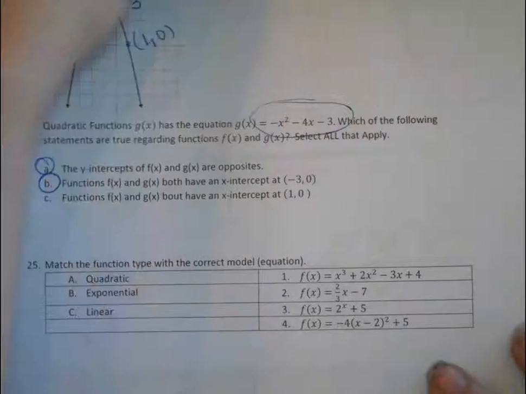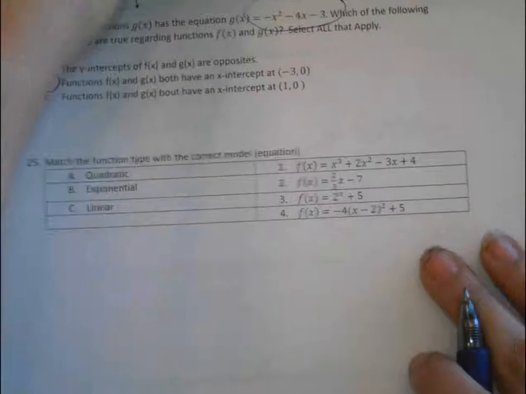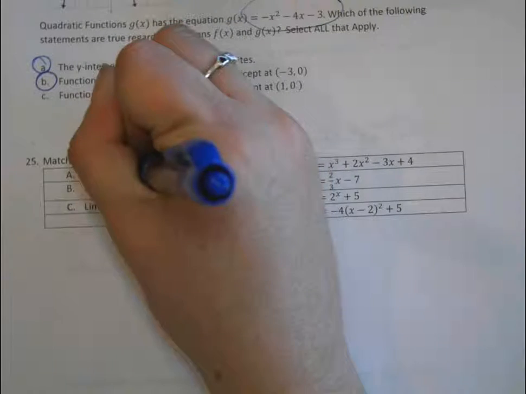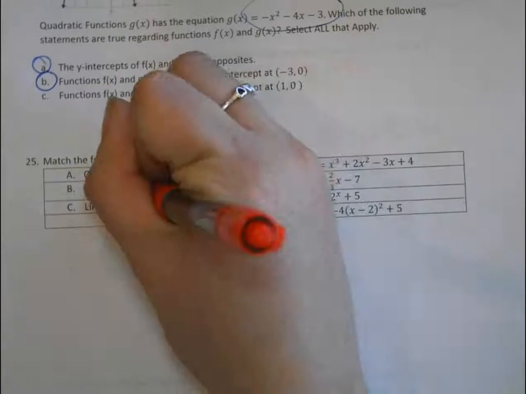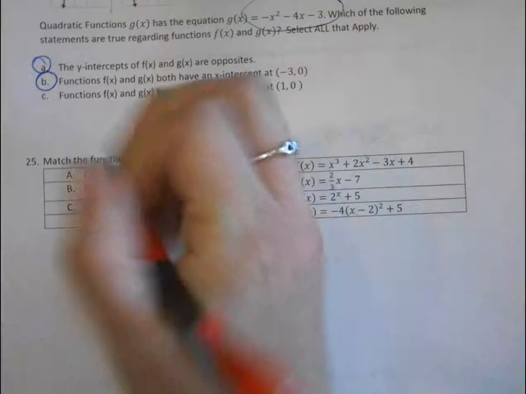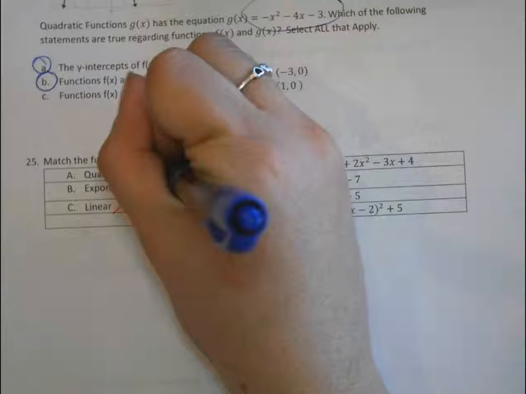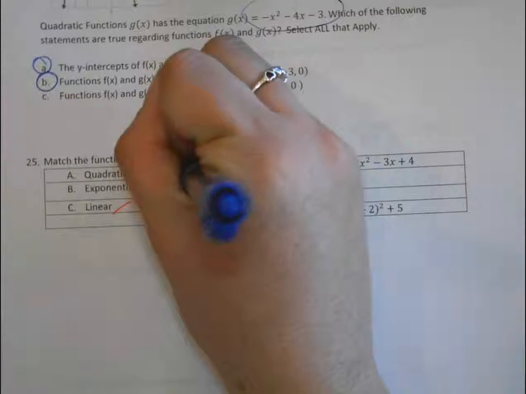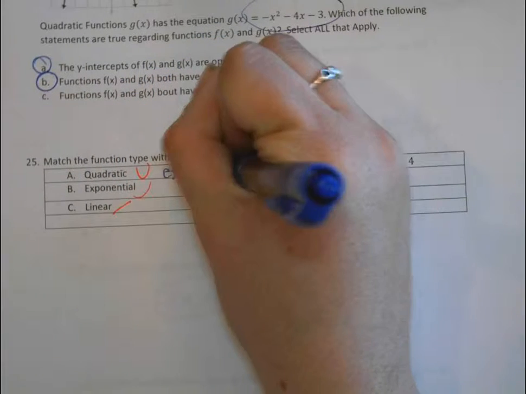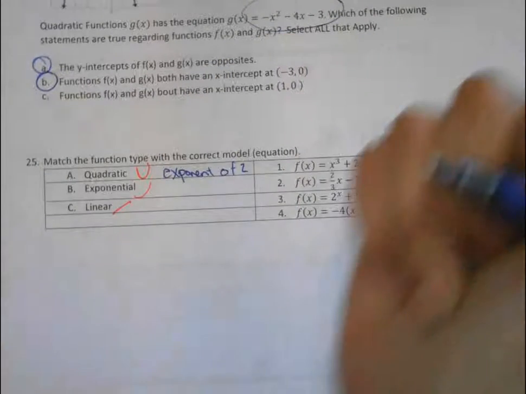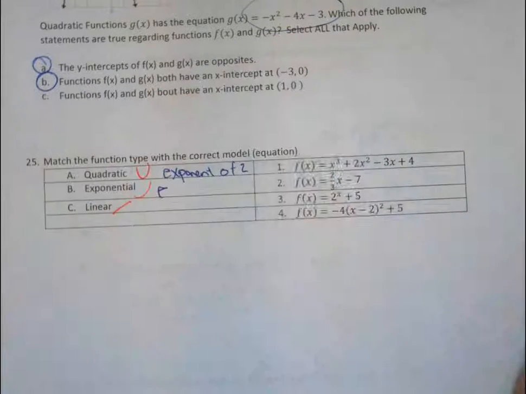This one wants me to match my correct types. There are 2 ways I can do this. I can go by shape. If I graph all 4 of these, quadratic are U-shaped, exponential are curvy-shaped, and linear are straight. Another way I can tell is quadratic has an exponent of 2. Exponential has an exponent of x.